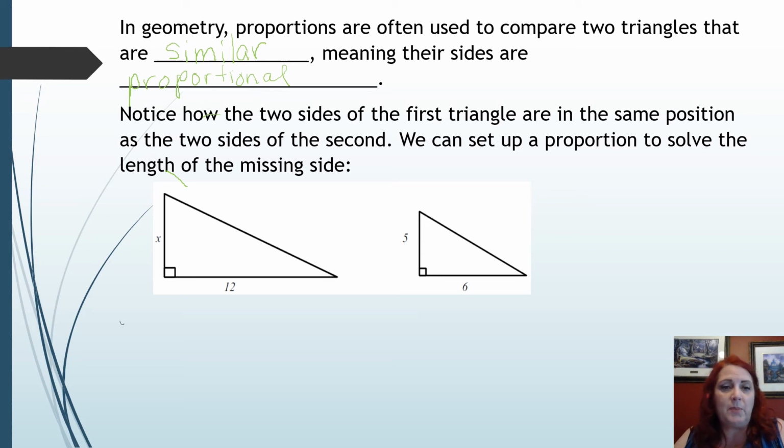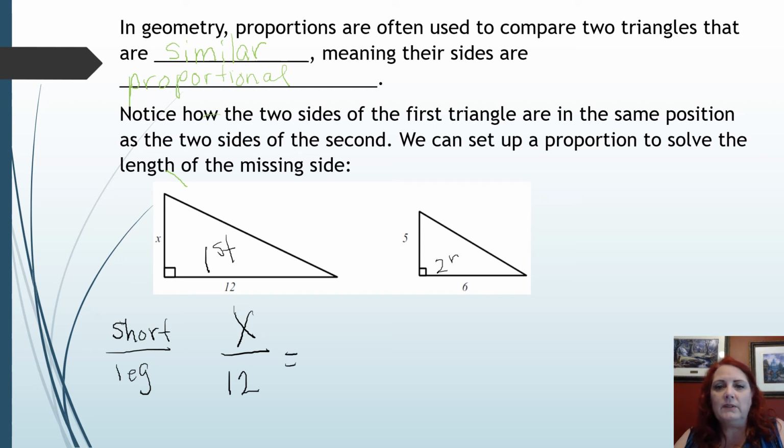I'm going to compare the short leg to the long leg of each of the triangles. The short leg of my first triangle is x compared to 12. On the second triangle, the short leg is 5 and the long leg is 6.